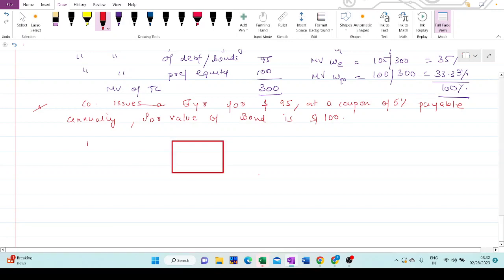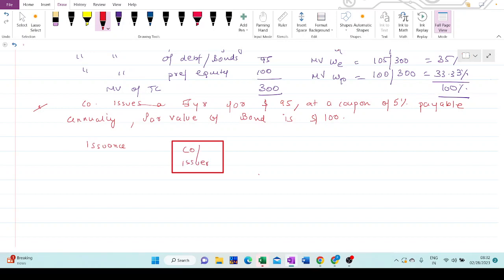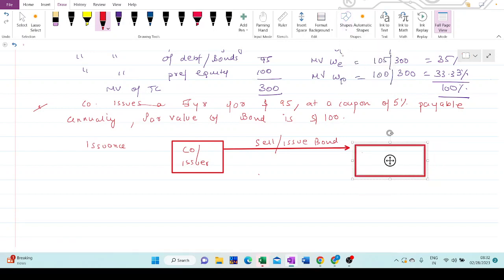So guys, at issuance, the issuer or the company would sell or issue one bond to the investor, and the investor would pay the issue price of the bond to the company.